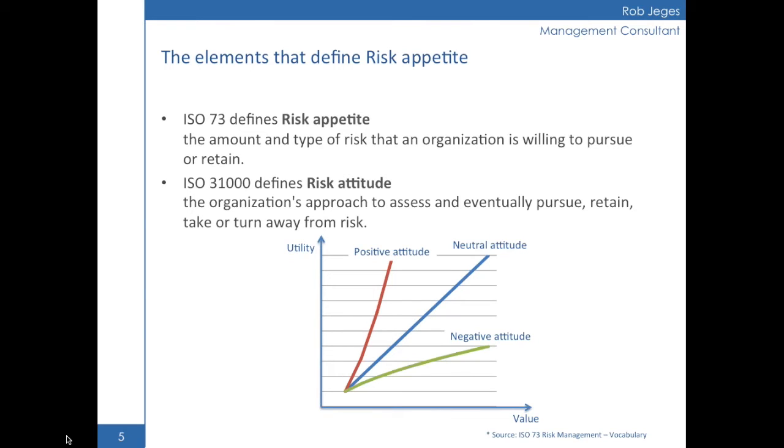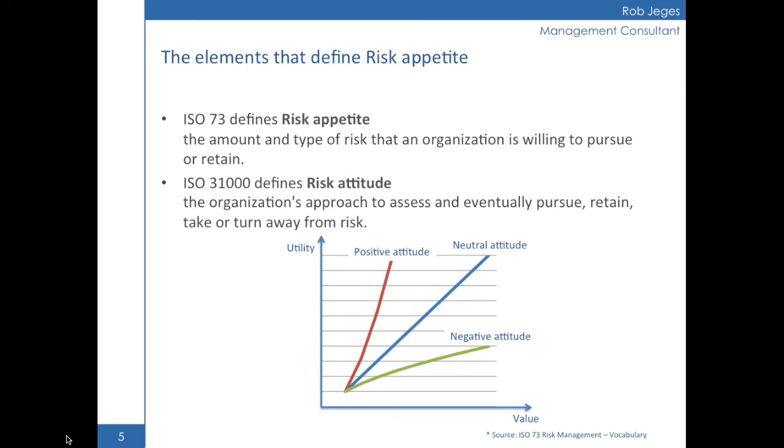So if we come back to the Basel discussion, a positive attitude is the willingness of banks to lend more and to lower the amount of reserves required to do business, because they're pursuing business and opportunity. On the other hand, the regulator would have a negative attitude towards risk, and they raise the amount of capital that needs to be provisioned to make sure that there is no default.